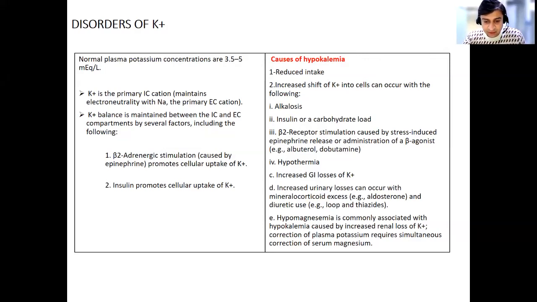In the presence of adequate magnesium, these channels are inhibited. When the magnesium level is quite low, these channels are no longer inhibited, and they are activated in the presence of hypomagnesemia. They start throwing potassium out of the renal tubules, causing further hypokalemia. So in patients with hypomagnesemia and hypokalemia, always remember to replace magnesium alongside potassium.